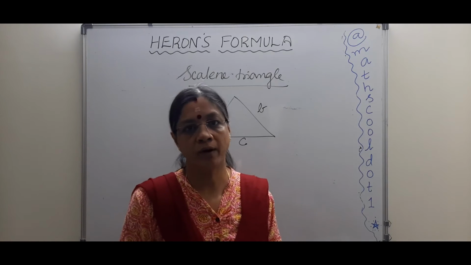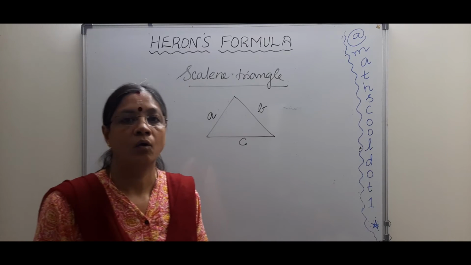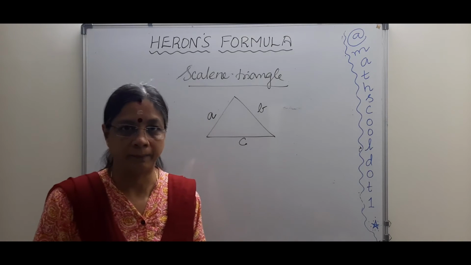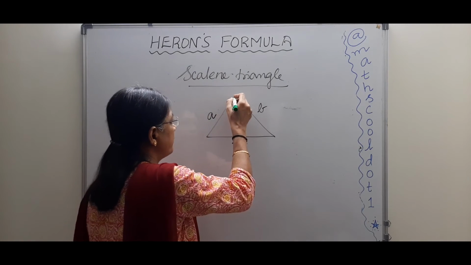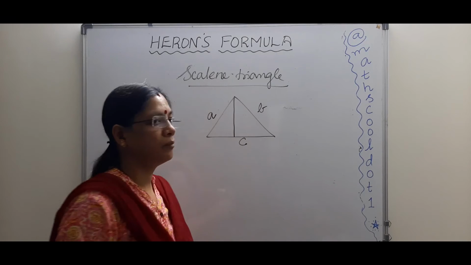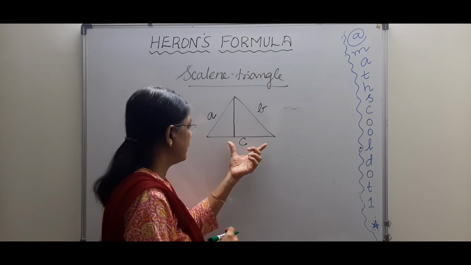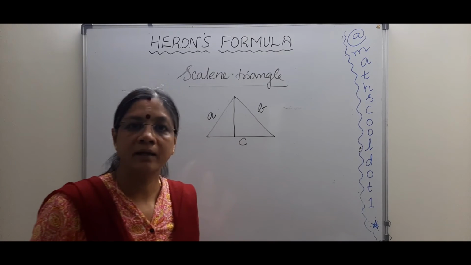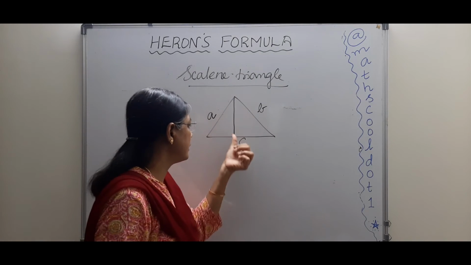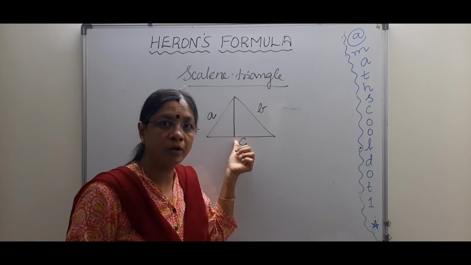Now how do we find out the area of such a kind of triangle? Okay, if we drop a perpendicular here, I should know what this distance and this distance are, because in a scalene triangle it won't meet at the midpoint of the base.